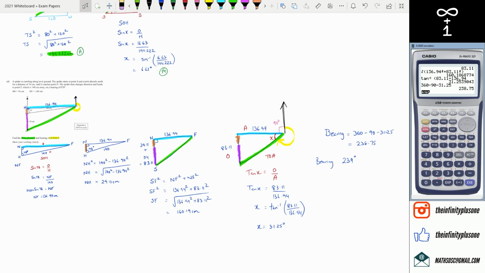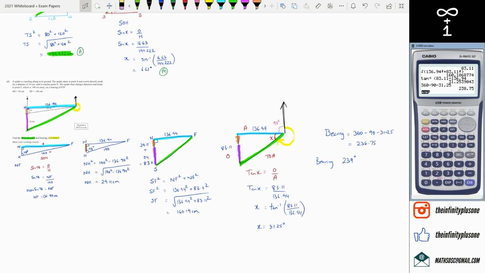When you see bearings, and if you're super confident using your SOHCAHTOA, then you should be nailing bearings questions, because all you have to do is break them into little triangles and work through them. Now, I have in my playlist a 3-part video mini series that you can watch, to see how bearings work from the beginning till the end. And I would strongly recommend you watch that if you want to nail this question.